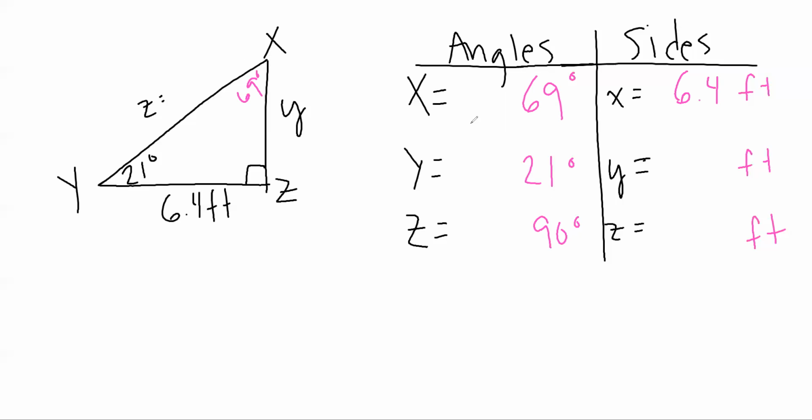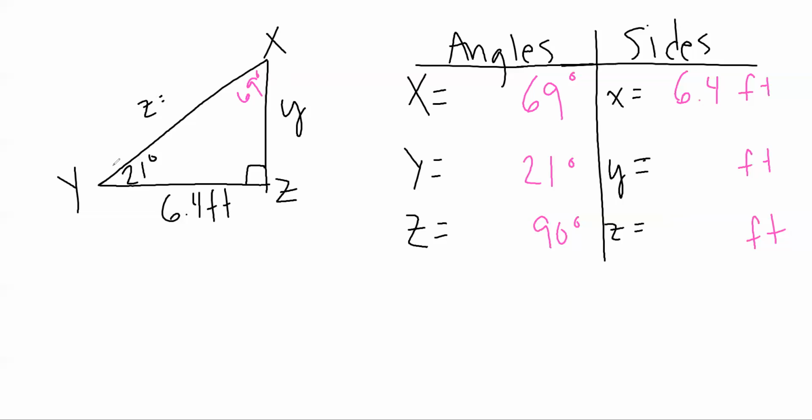Now, to find my side measurements, I can use a trigonometric ratio. Let's say I want to find side y. I can pick a reference angle, my theta, and let's say I use this 21 degrees.